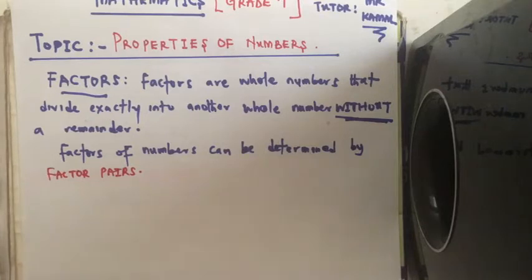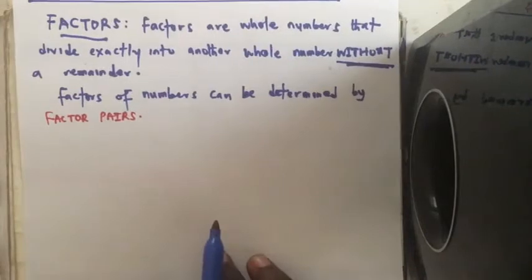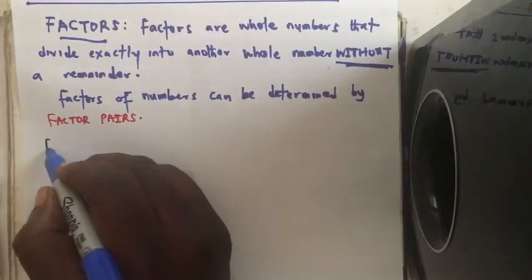That is the exact way of determining factors of numbers. Under this, we are going to look at a few examples to illustrate how to determine the factors of numbers. Now, let's look at the following examples.